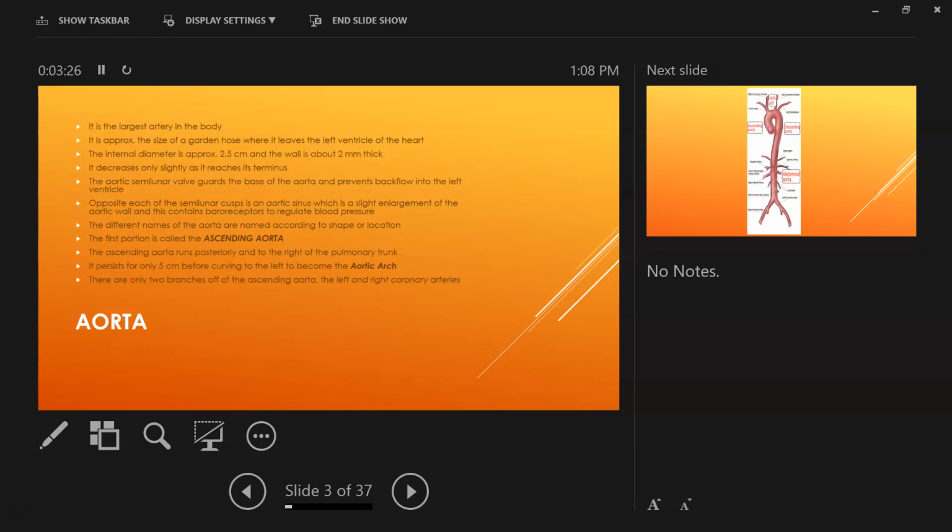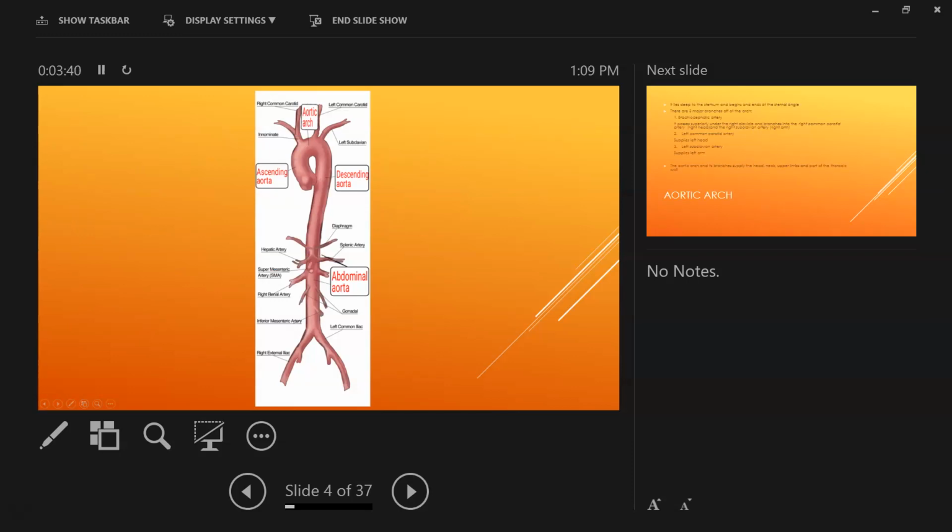The only two branches that we have at the ascending aorta are the right and left coronary arteries, which we talked about in class, that do supply the myocardium of the heart itself. So we see here in the diagram, these little bumps represent the semilunar valves, first 5 centimeters being the ascending aorta, where then it becomes the arch of the aorta.